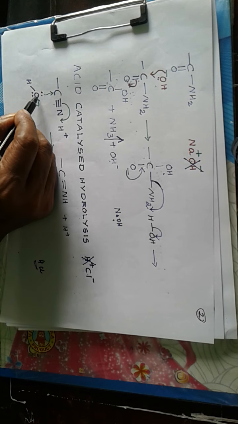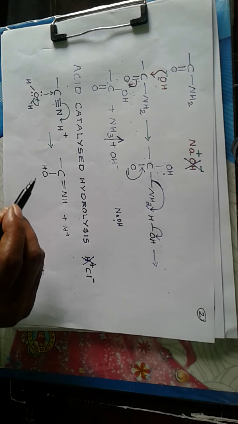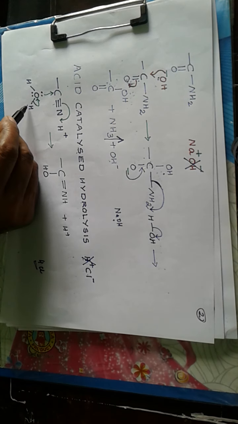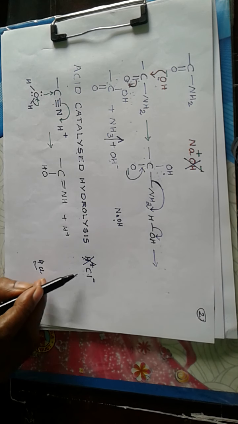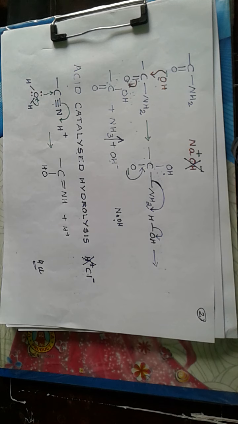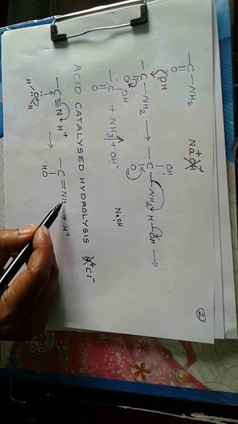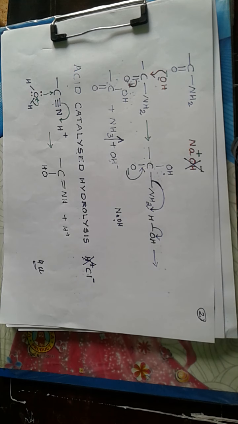To neutralize the positive charge over the oxygen atom, this OH bond is completely taken up by the orbital of oxygen, so we get a lone pair here, and H positive is released, so that this H positive combines with Cl negative to get back HCl. So the reaction is addition of an H and OH, so it is hydrolysis, and HCl is a catalyst.